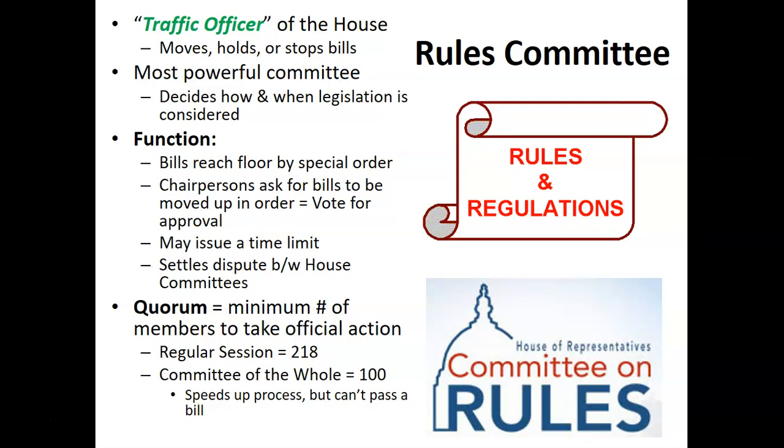In a regular session, you need 218 members to have a quorum, which is just over half. You have 435 members of the House of Representatives, so 218 is just over half. And then if there's another instance where you want to move the process along, but you're not getting it voted on to pass it, you have what's called a committee of the whole, where you need 100 members to actually make a ruling upon it.